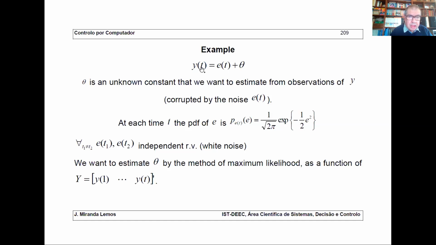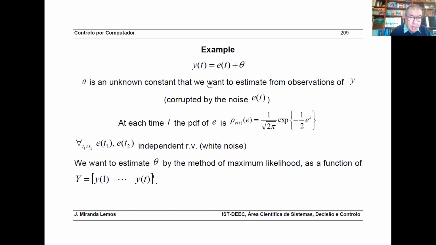So t equal to 1, that's measurement number 1. t equal to 2 is measurement number 2, and so on. So you do a number of measurements, and each measurement is equal to the true value plus some error. Okay, that's the sense of the noise in this case. And I'm assuming that the error is uncorrelated from measurement to measurement. So it's independent from measurement to measurement.